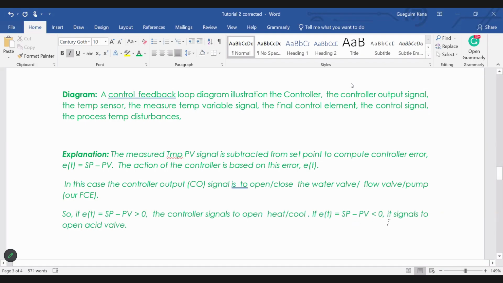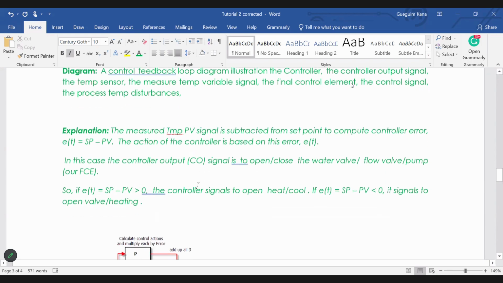But if the value is less than 0, the system will decide whether to open the valve for cooling or heating, depending on the configuration of the system. Okay, this is what you are supposed to explain with the process control loop provided to you.